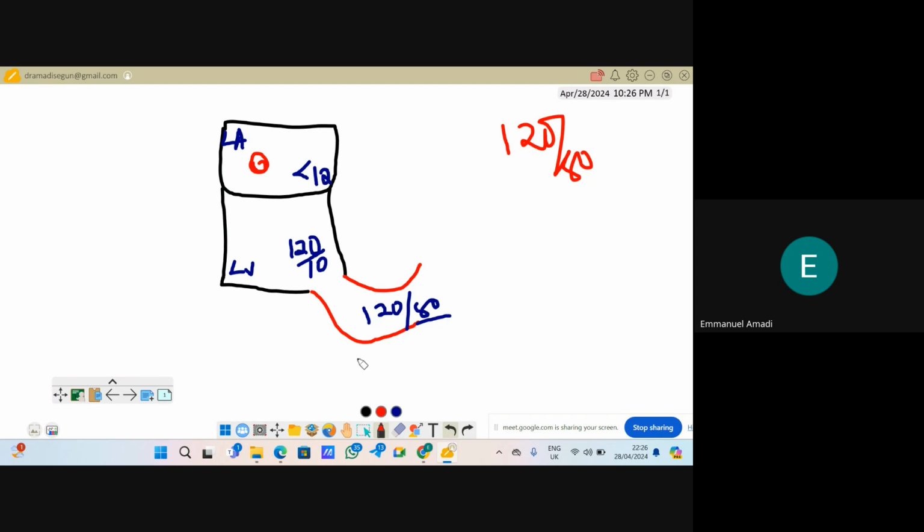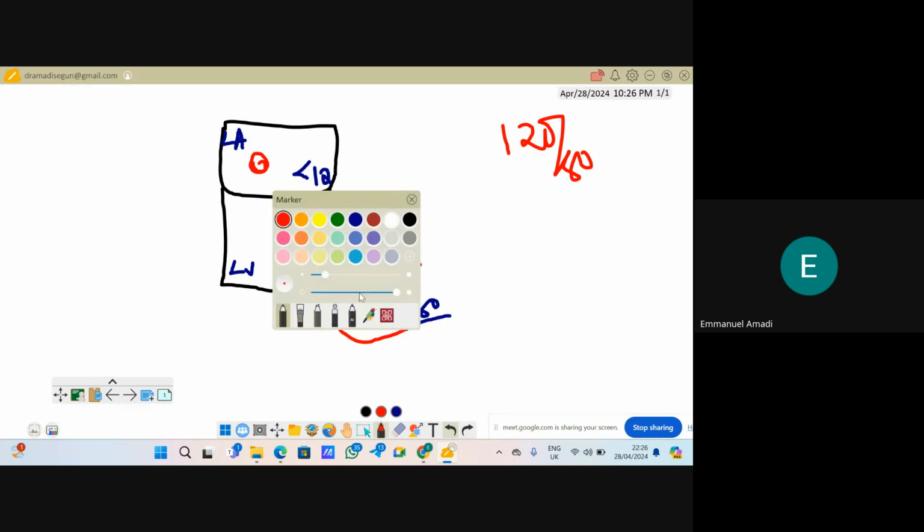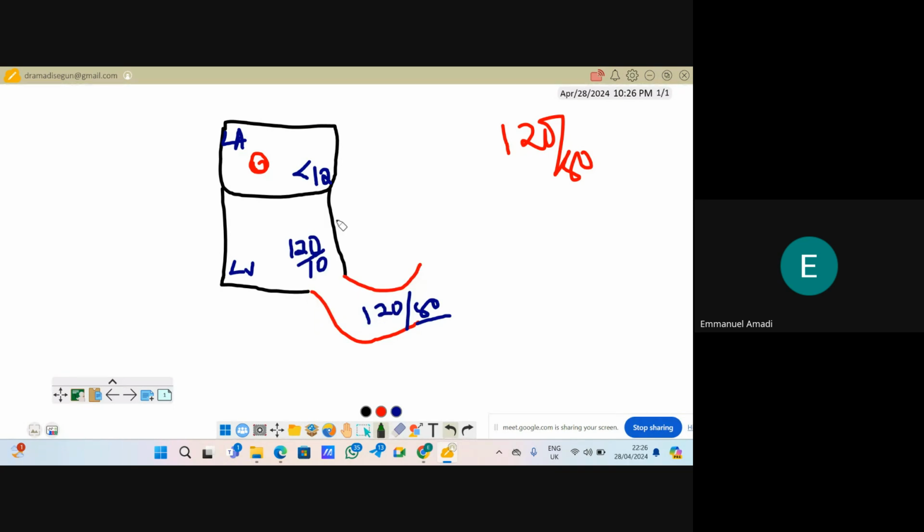So what do you think will happen once your systole is over? The aortic valve will close. This is the aortic valve. Once the aortic valve closes, it means systole is over. Blood is no longer leaving. On the other hand, the mitral valve will fail to open because the pressure in the ventricle at this point is far higher than the pressure in the atrium.